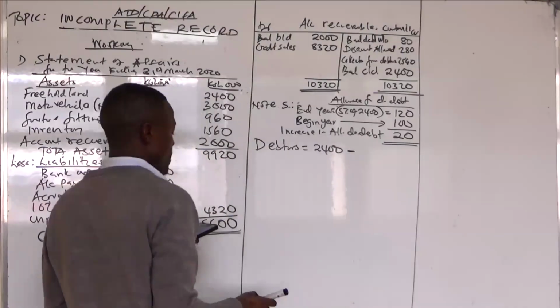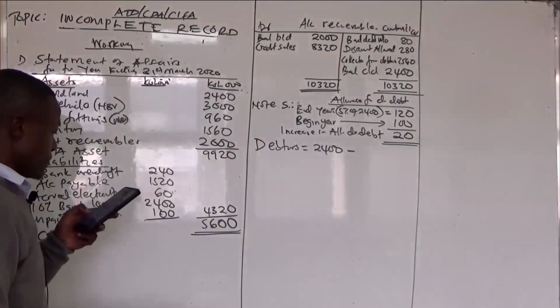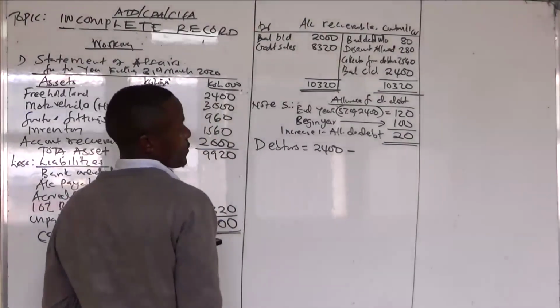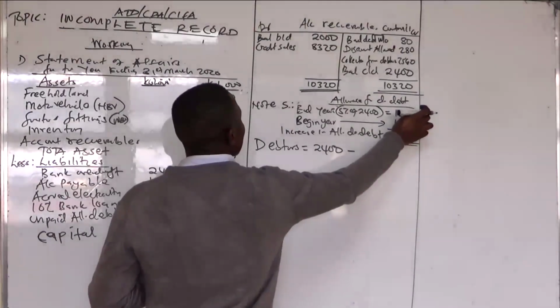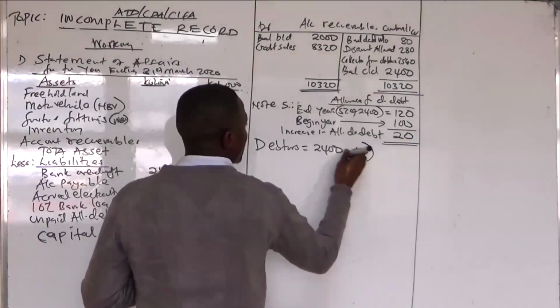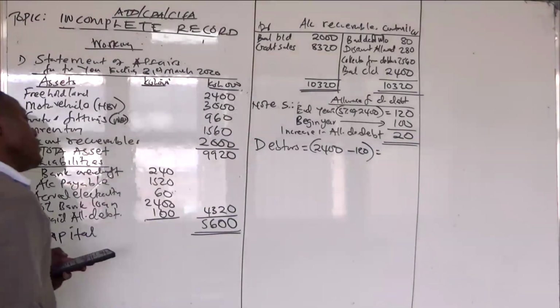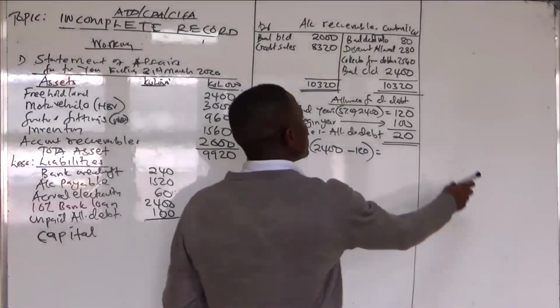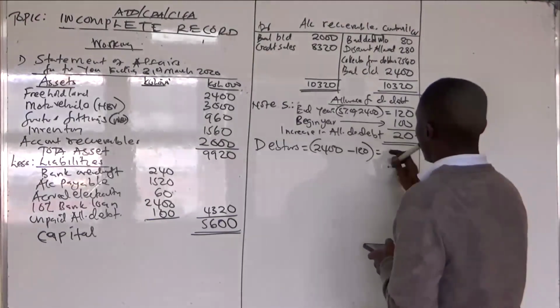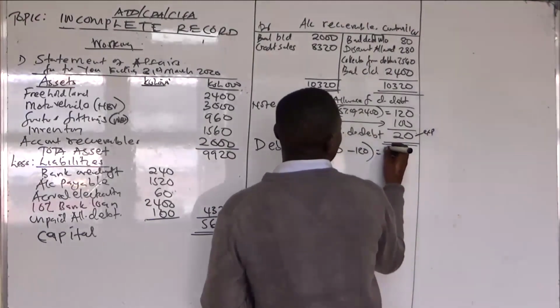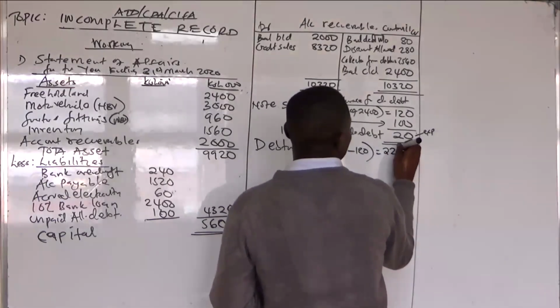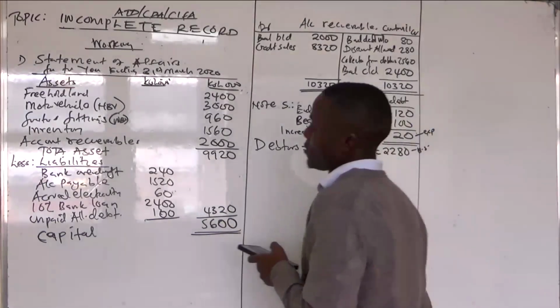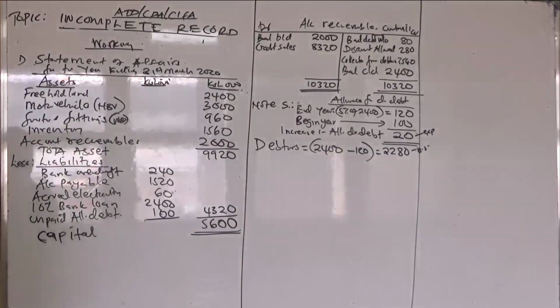Which amount was not paid at the end of the year? 120. How much goes to the balance sheet? 2280. Now this goes to the balance sheet. If understood you can say yes.